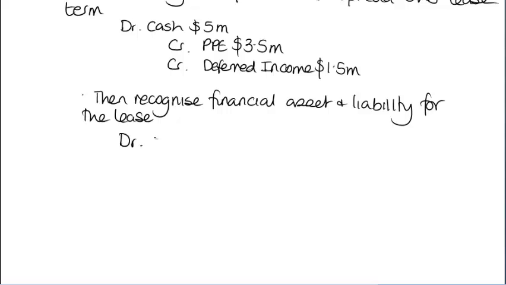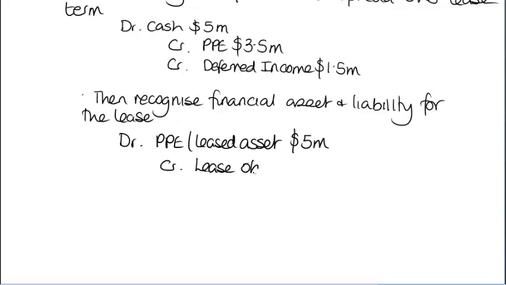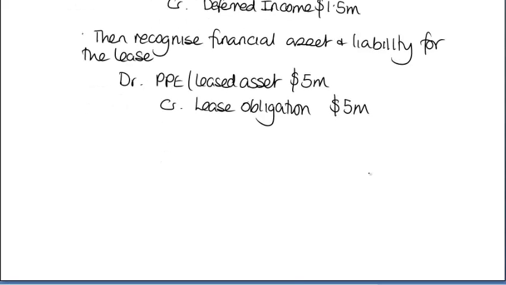So we're going to debit PPE, leased asset, 5 million and credit a lease obligation £5 million.